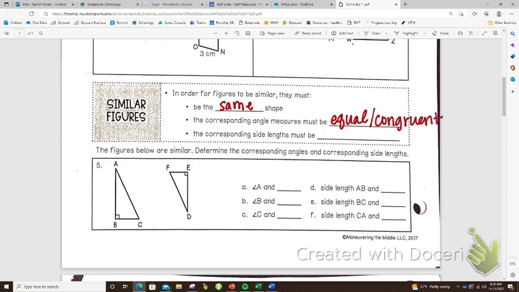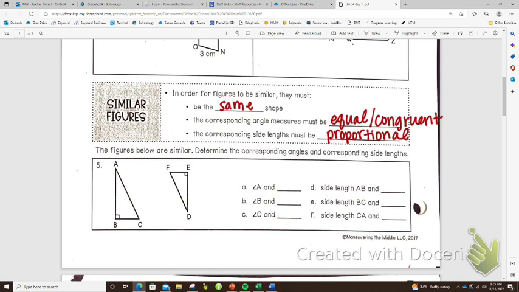And the corresponding side lengths must be proportional. So what we're going to do here is identify what sides are corresponding. Corresponding sides just mean that they are in the same position in both figures.